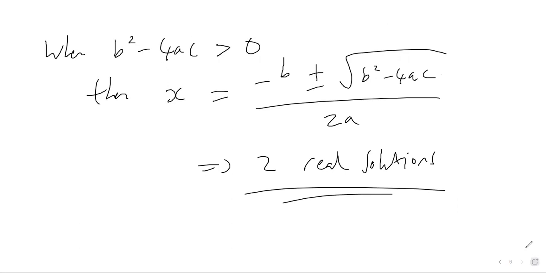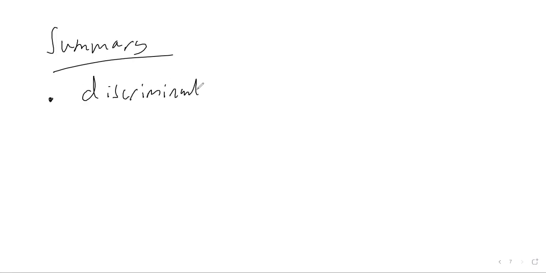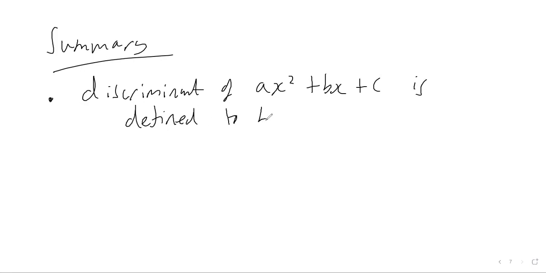Okay, so to summarize everything we've looked at today. The discriminant of a quadratic ax squared plus bx plus c is defined to be b squared minus 4ac.